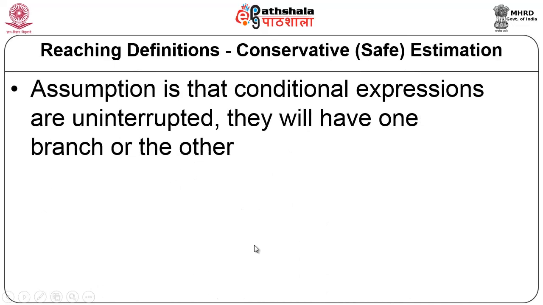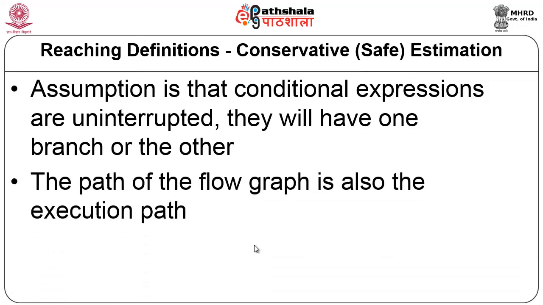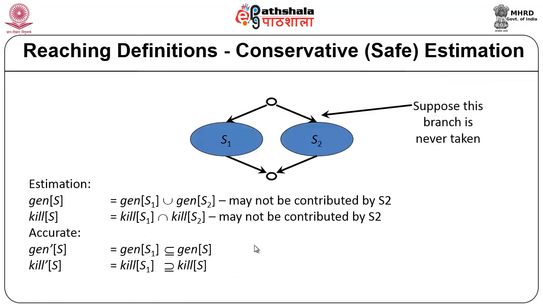Now, the assumption is that conditional expressions are uninterpreted and they will have only one of the two branches available, and the path of the flow graph is also going to be the execution path. That is also an assumption. For example, here suppose the branch of S2 is never taken.